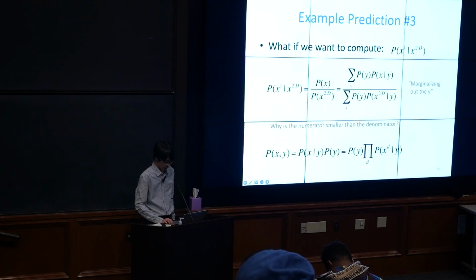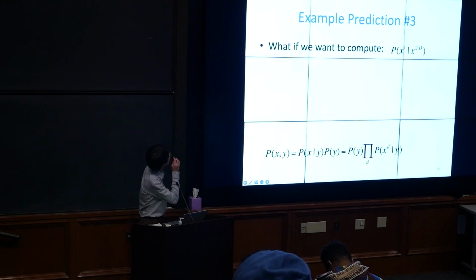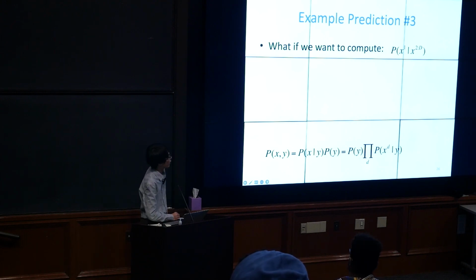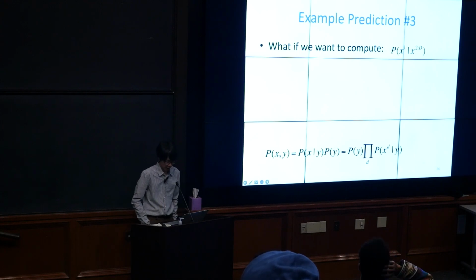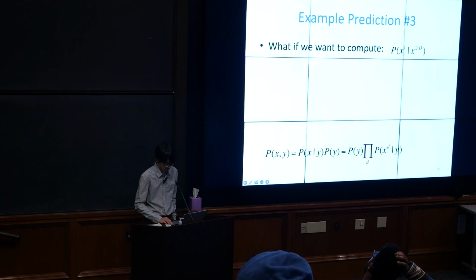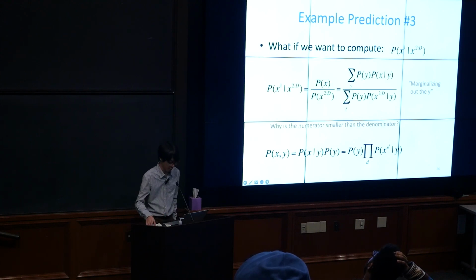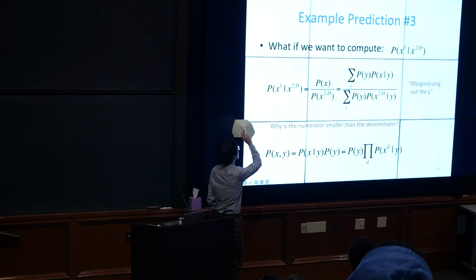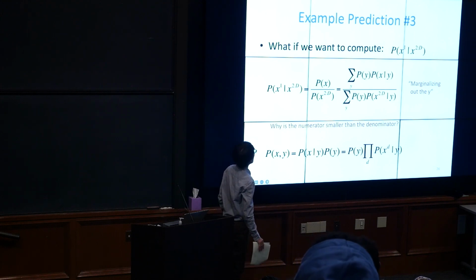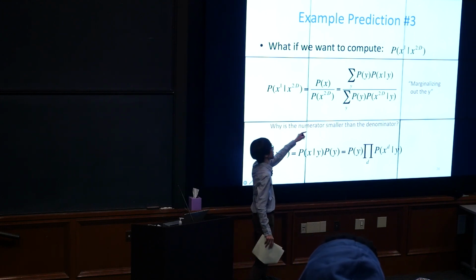Another example. What if we want to compute x1 conditioned on the rest of the values x2 to xd? I'm not going to ask for a guess on this one. But in this case, we can just go through the full definition, and at the end, we can always marginalize out the y.